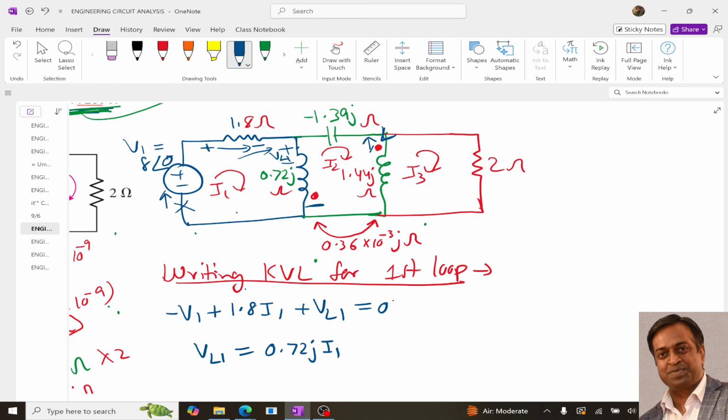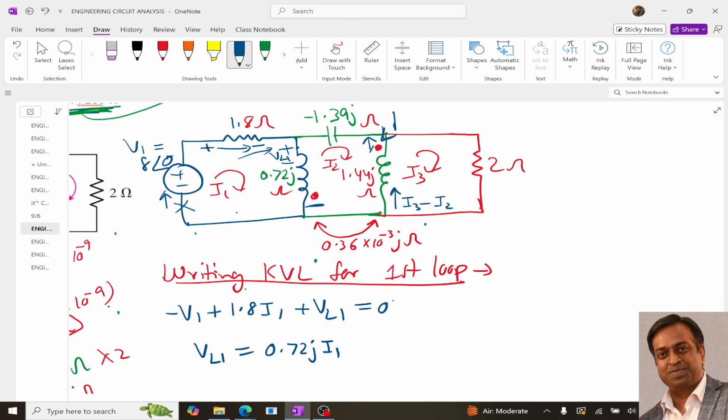To make the current leave the dot, I3 should be big and I2 should be less. So the current should be I3 minus I2, flowing from bottom to top, right?